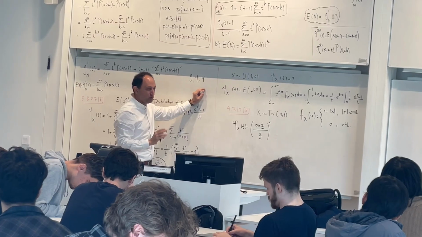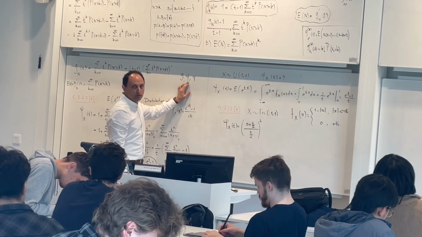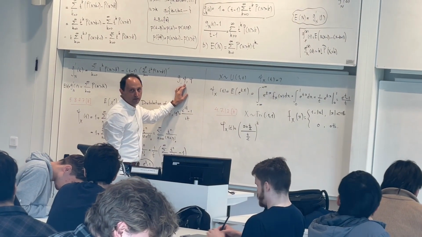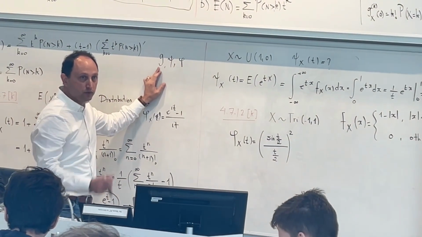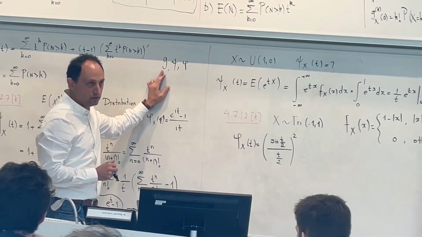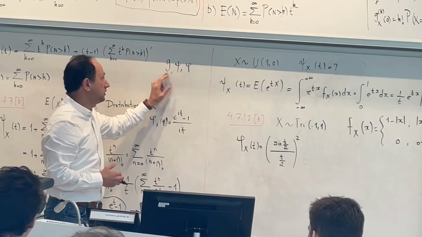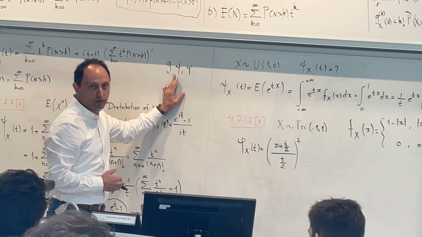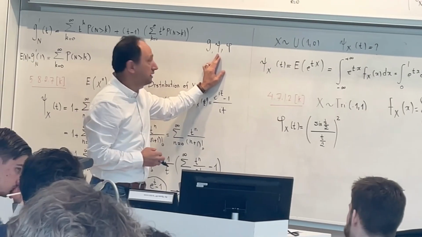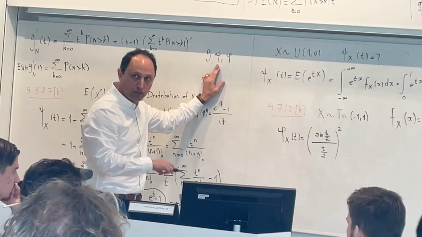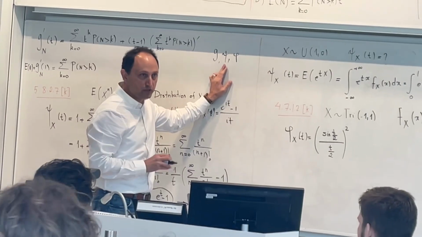And just to motivate you a little bit, why did we go from here to here? Because here it only works for non-negative discrete ones. If we want to extend it, we extend it to the moment generating function. The moment generating function is useful for every random variable, continuous, discontinuous, negative, positive.